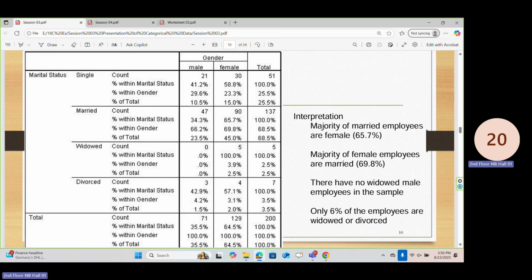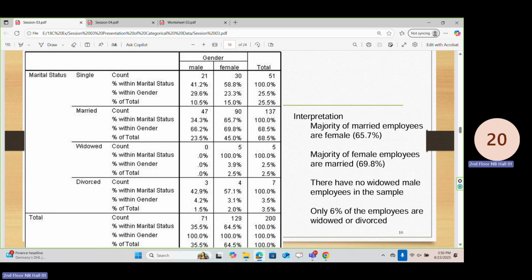Nice one. Okay, first tell me first. Normally tell the marital status. The next one is count first. The next one they calculate the percentage value. Okay, then percentage within marital status. And then they calculate the percentage value within the marital status.